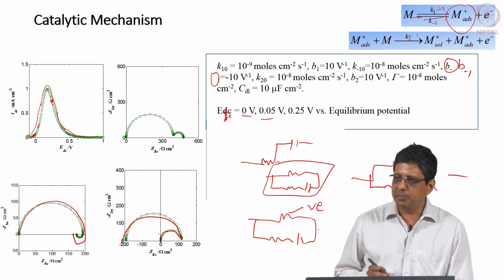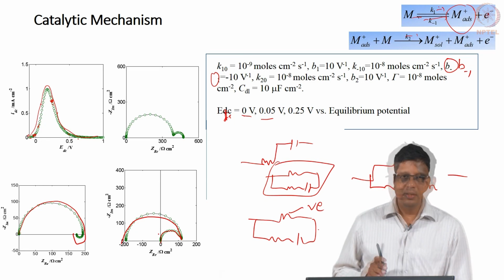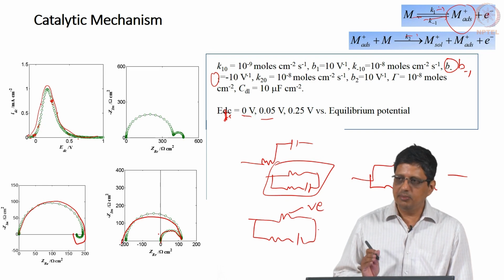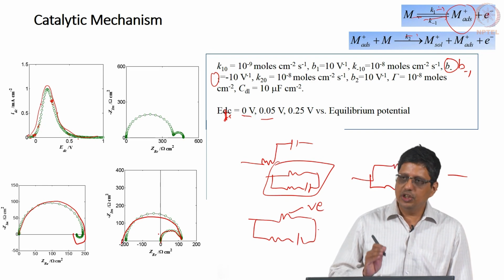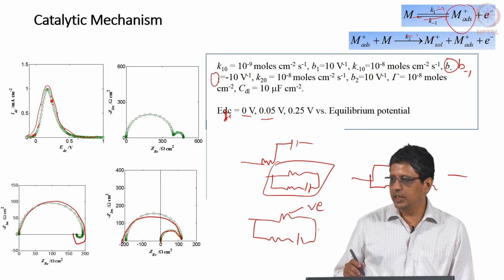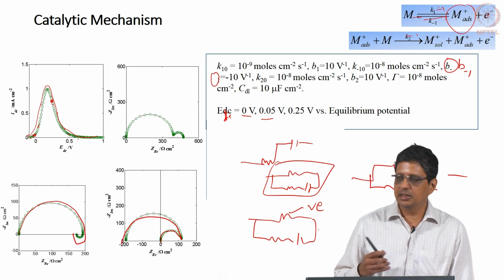Why does it behave like a capacitor? Why does it behave like a negative resistor? Why does it behave like an inductor? So, that approach is not a good approach. It is not behaving like an inductor, it is not behaving like a negative resistor. It is giving you a spectrum that can be generated by a circuit with an inductor, it can be generated by a circuit with a capacitor, can be generated by a circuit with negative resistance.